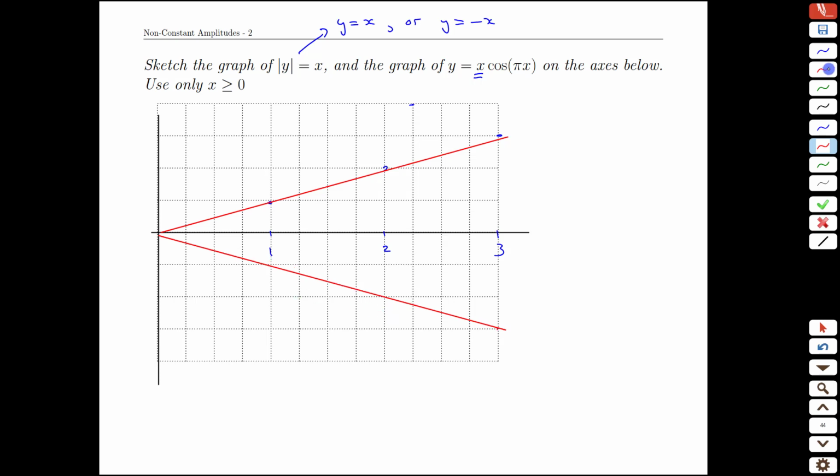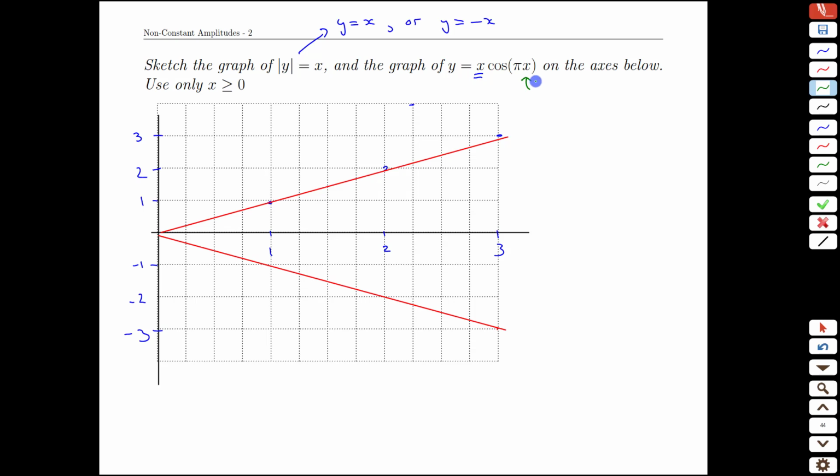Likewise down here, if we had the vertical scaling, 1, 2, and 3, and -1, -2, and -3, our inspiration would be that the cosine graph is going to have to stay within these boundaries, because cosine is between -1 and 1, and we're going to multiply it by x, so whatever happens, we're never going to get bigger than x, and we're never going to get smaller than the value -x at any point.